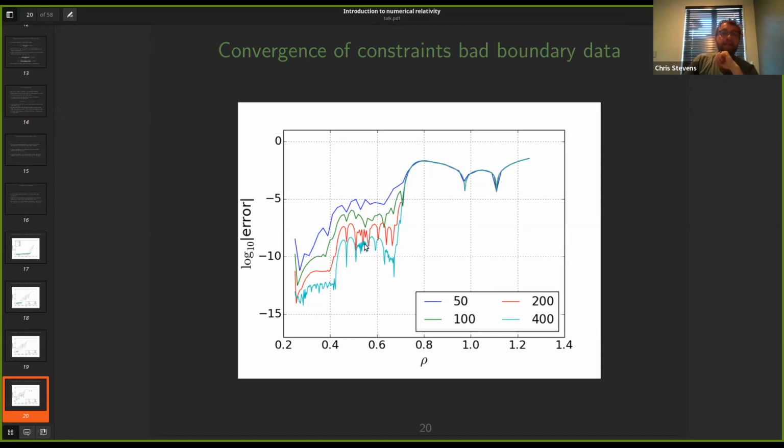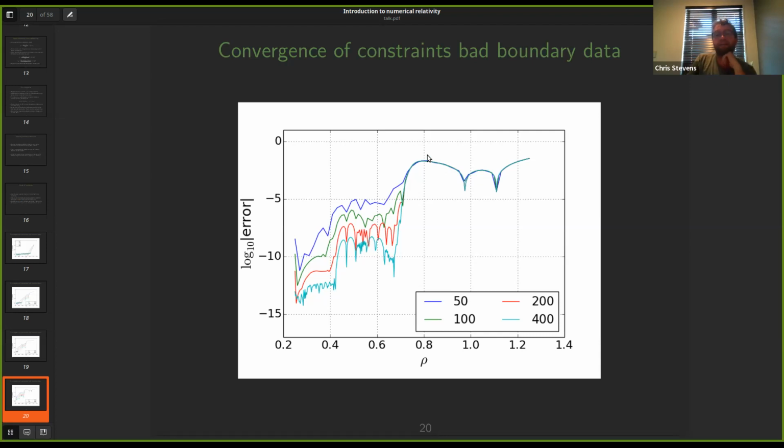You can see that here, as we increase the resolution, we are going closer and closer to 0. So this looks good. Here, not so much. As we increase the resolution, the satisfaction of the constraints is not getting any better. That's something that's not good.